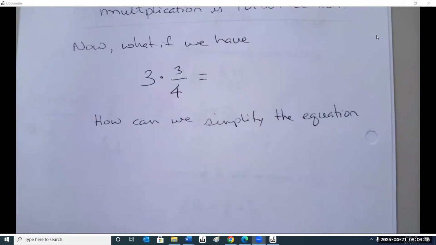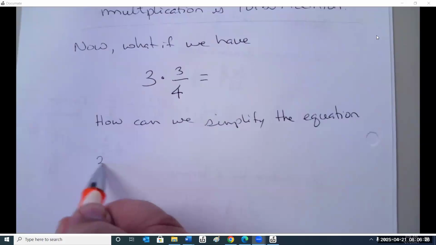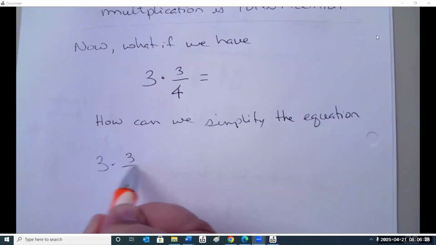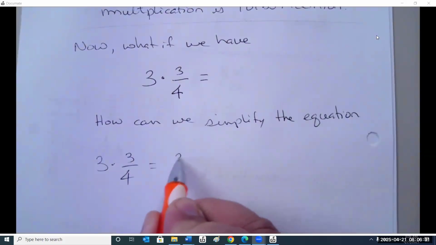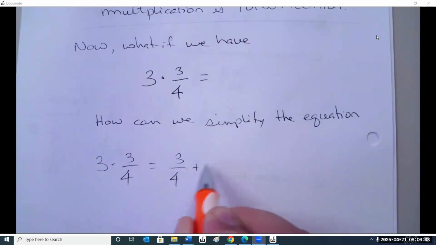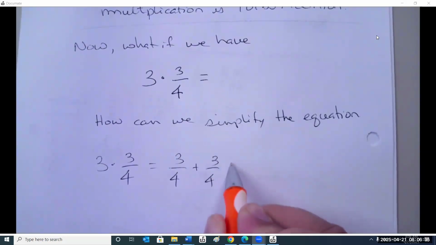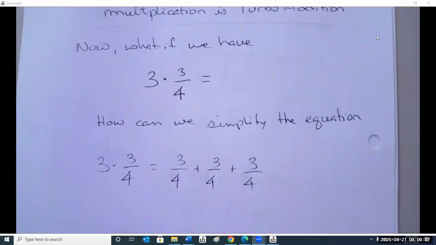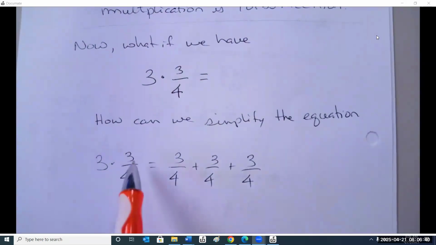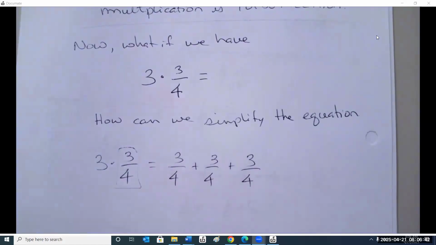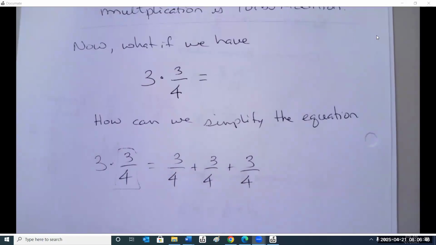As we just talked about, and what we've talked about previously, multiplication is just addition, simplifying. Basically it's asking us, how much is 3/4 plus 3/4 plus 3/4? It's 3/4, since it happens 3 times.